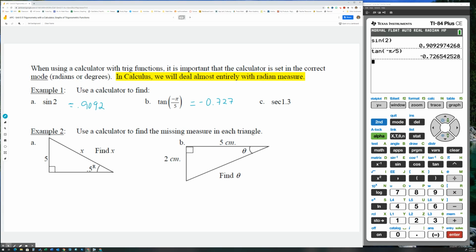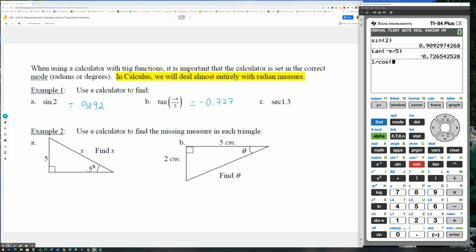Okay. Now, for the reciprocal functions, the secant, the cosecant, and the cotangent, remember the reciprocal means it's 1 over. We're going to take a look at the secant as 1 over cosine. So when we set it up in our calculator, it's going to be 1 divided by cosine.